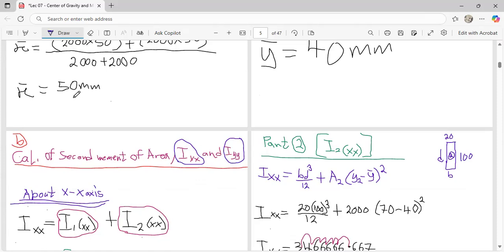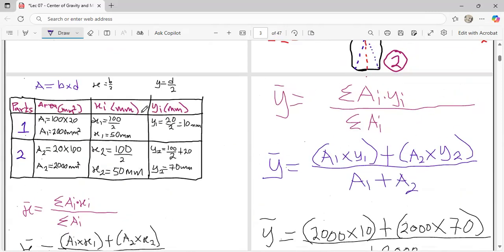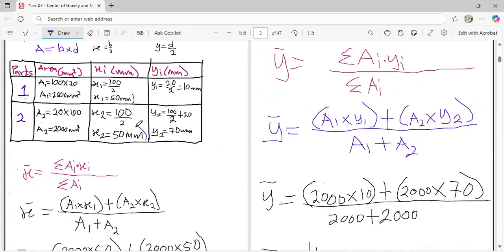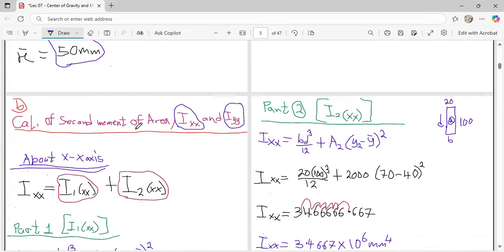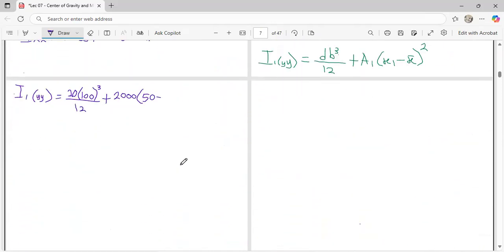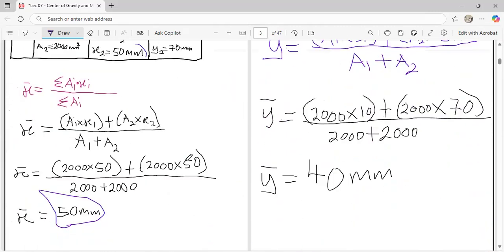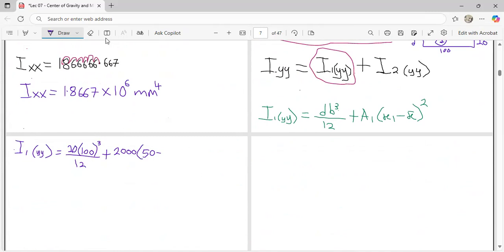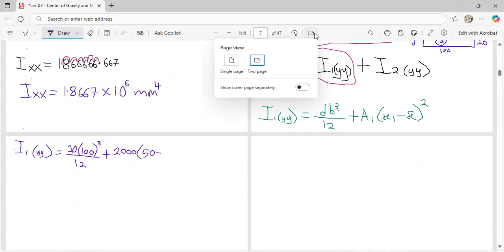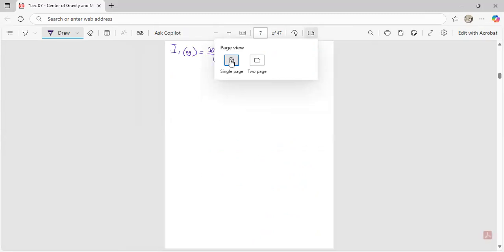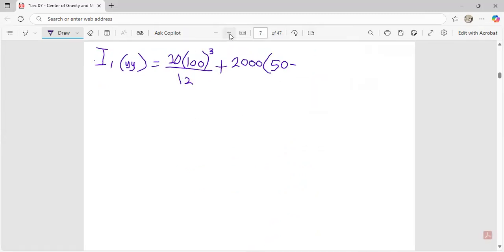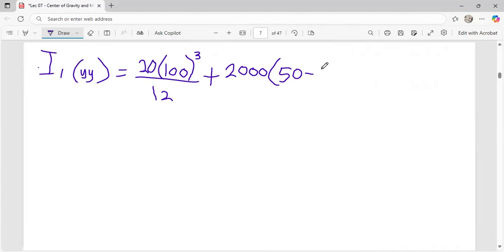So you can see our x bar over here is 50, and our x1 was 50, our x2 was also 50. So let's not get confused at all. So let me quickly denote that. So this becomes 50 minus 50.